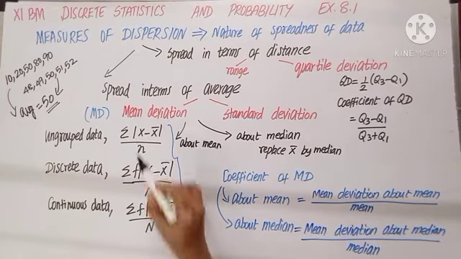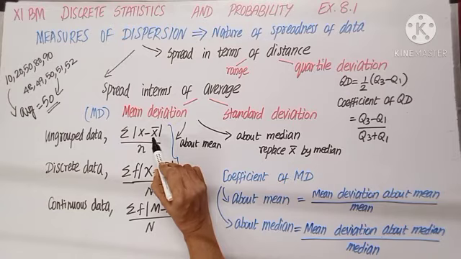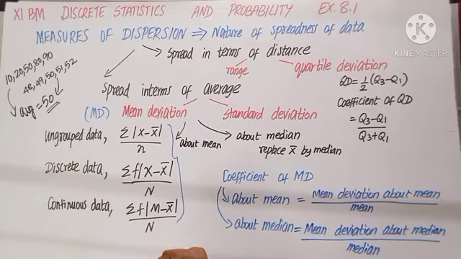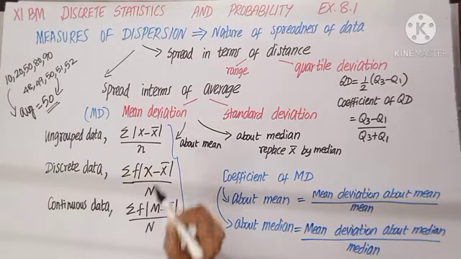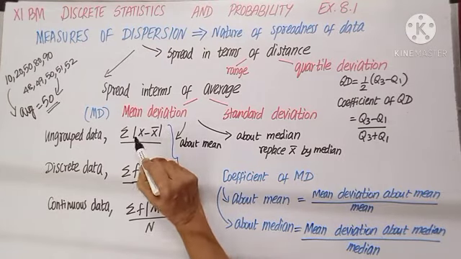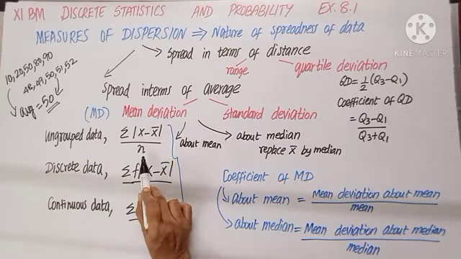Because if I don't take the modulus, this will lead to 0. Naturally, some are above the average and some are below the average. The summation will give me 0 if I don't take the modulus. So, we take the modulus of x minus x bar, sum it all, and divide by n.